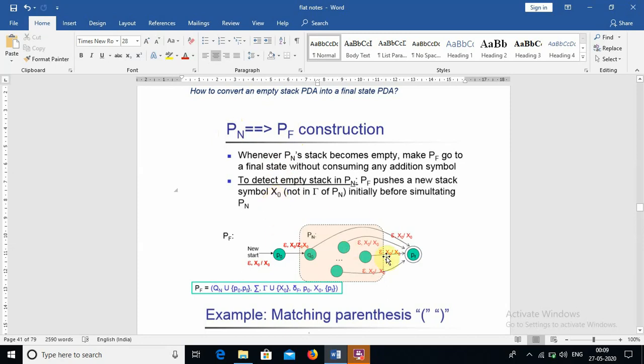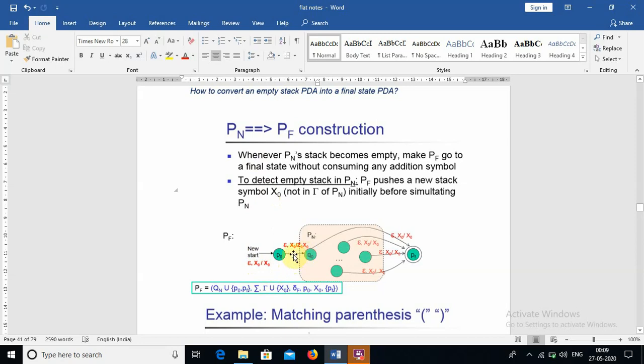If you observe the diagram you can easily understand. We start the PDA for accepting the input. In earlier classes we initially inserted Z0 into the stack, but for the conversion of PN to PF we insert X0, a new symbol, into the stack. Initially we push X0 into the stack.